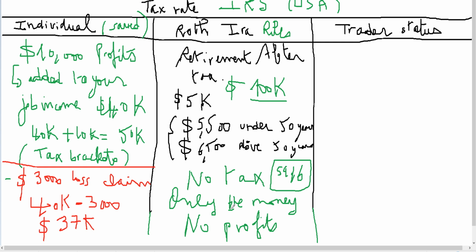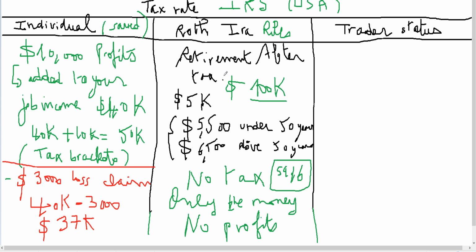So this Roth IRA is good for people who want to save for retirement, because the individual account you can delete or do whatever you like with. But the Roth IRA is good if you are looking at the long term.